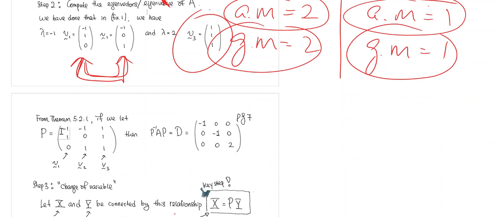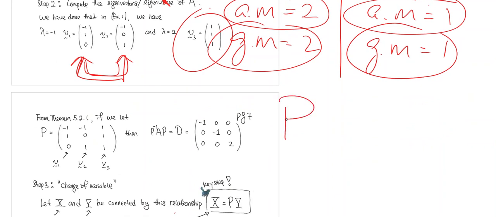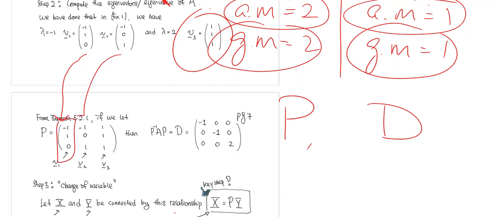And from the previous video, you know that the way to diagonalize it is to come up with the matrix P and the matrix D. The way we come up with the matrix P is to place all these eigenvectors as the columns of P. If you place them like that, then your diagonal matrix D will consist of the eigenvalue for each of these eigenvectors. So you have lambda equal to -1, lambda equal to -1, and lambda equal to 2 right here.